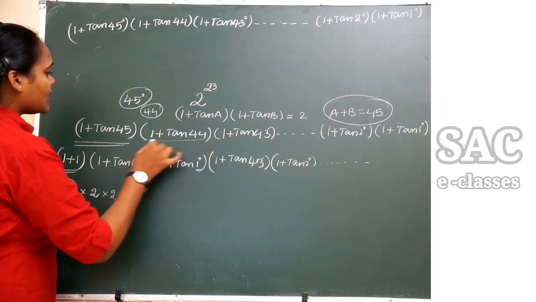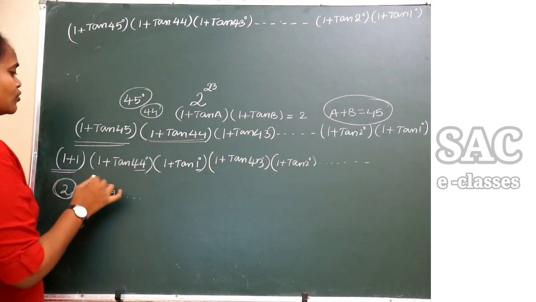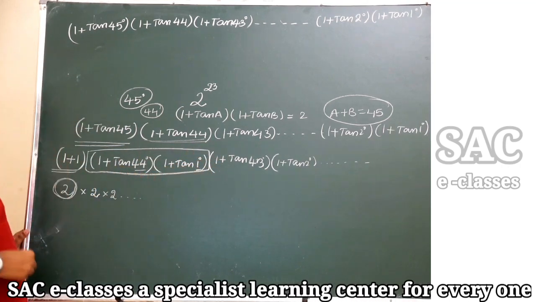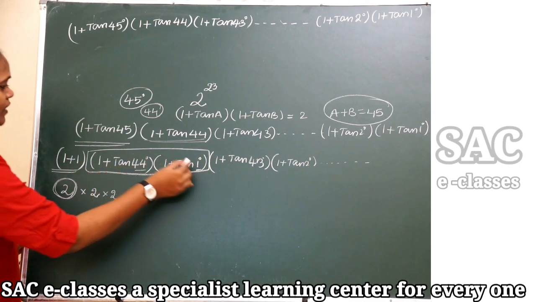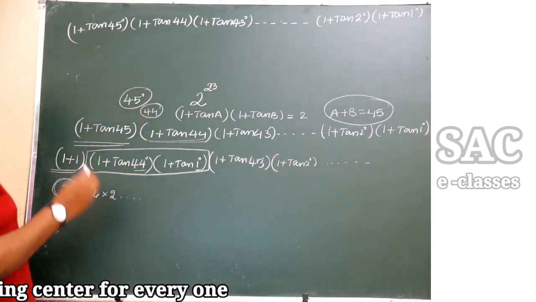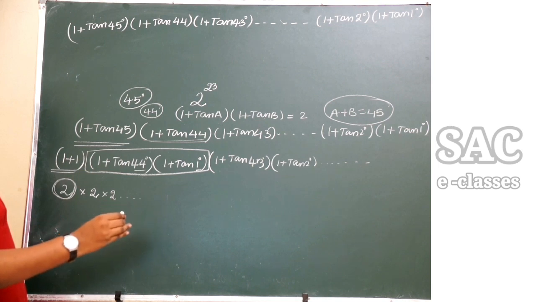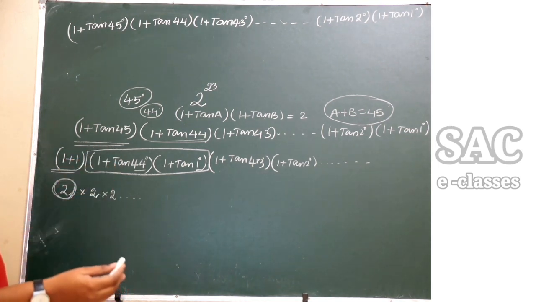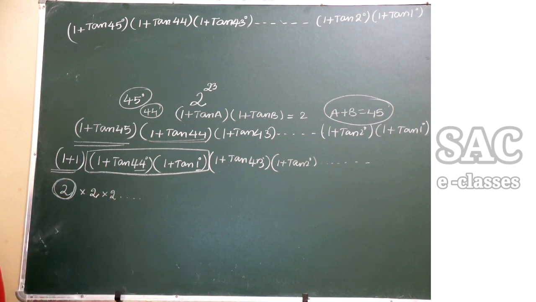Am I making a single factor one group? No, two factors make one group. 44 and 1 are a group, 43 and 2 are a group. In the same way, 21 and 24 are a group, and 22 and 23 are a group.